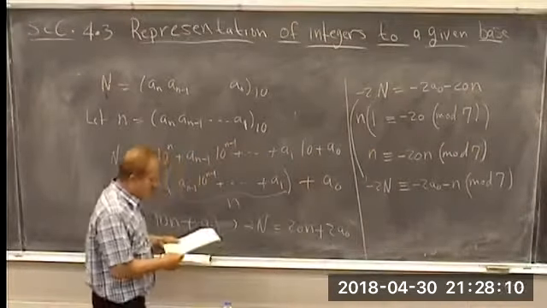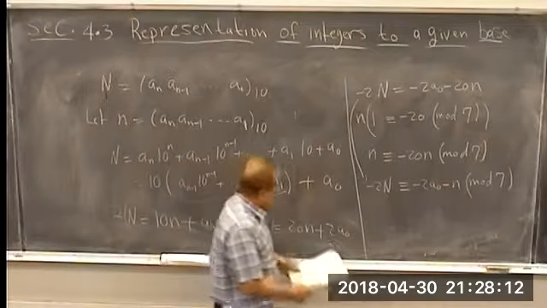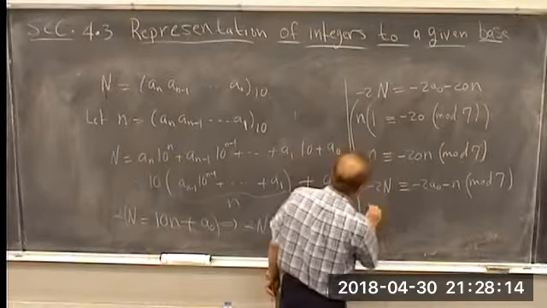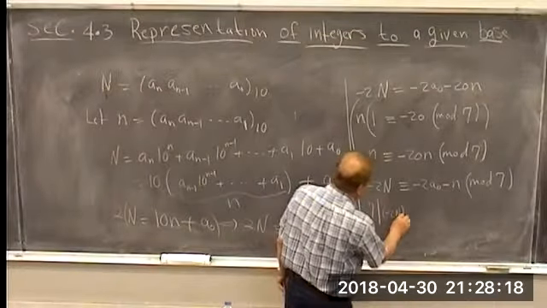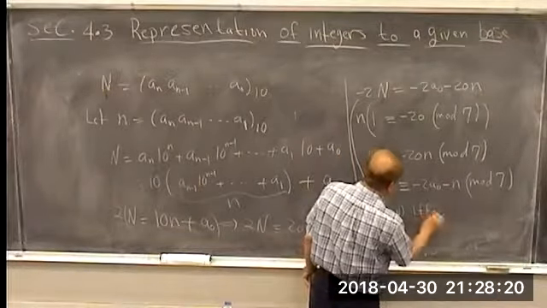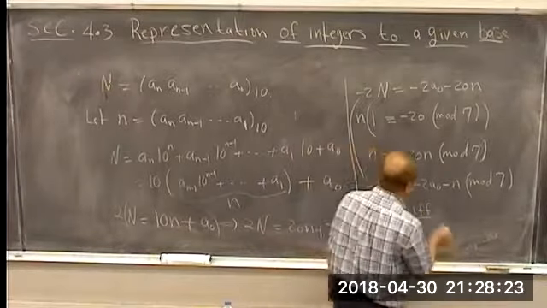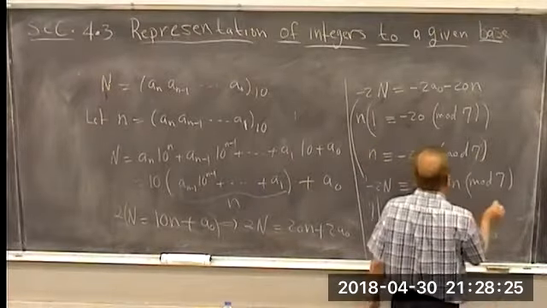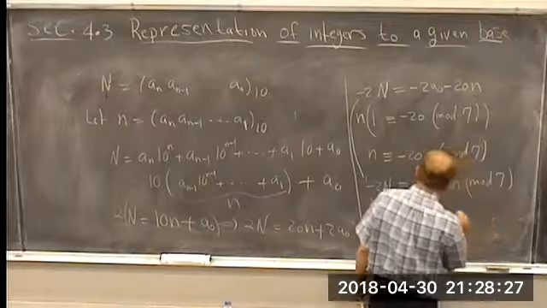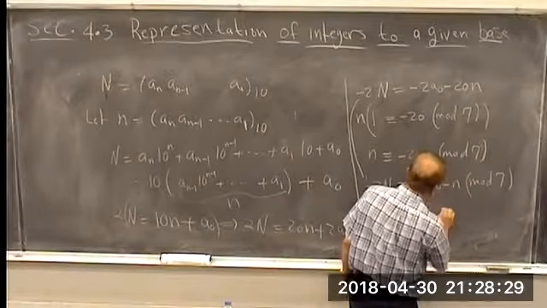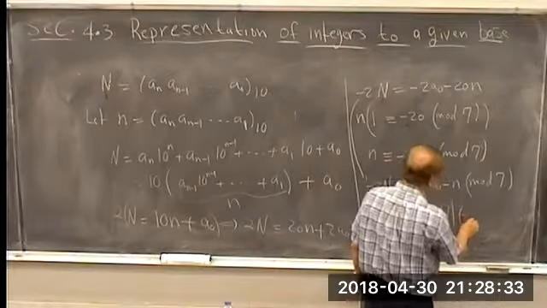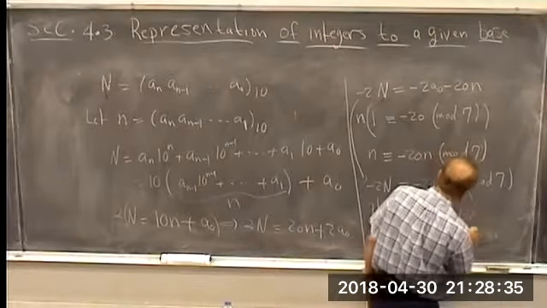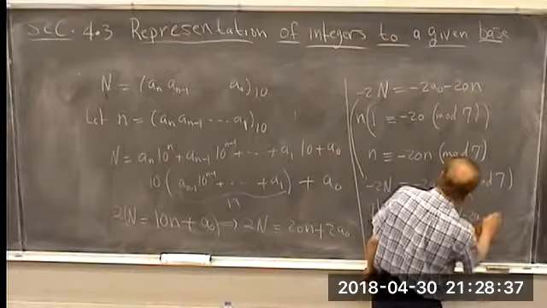Now, 7 is going to be divisible by negative 2n if and only if, because both of these are congruent to each other, so they're going to leave the same remainder, meaning divisible or not divisible, if and only if 7 is divisible by negative 2a_0 minus n.